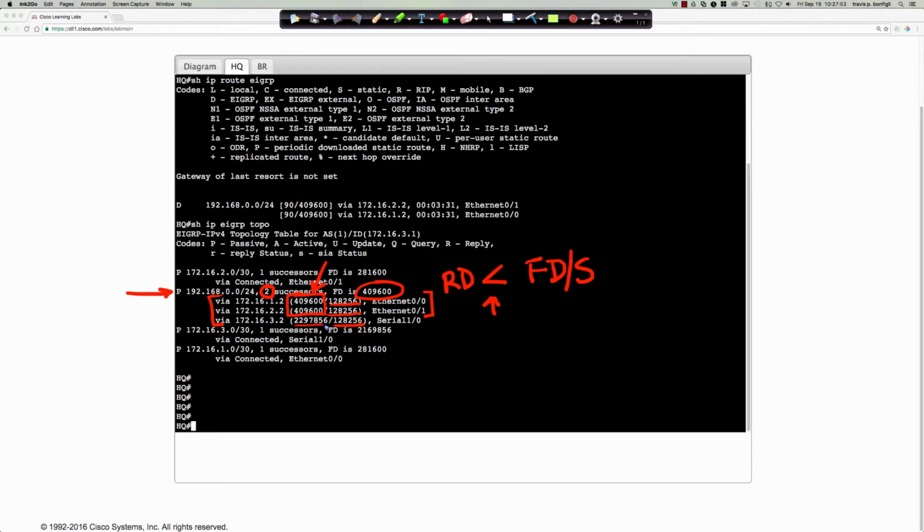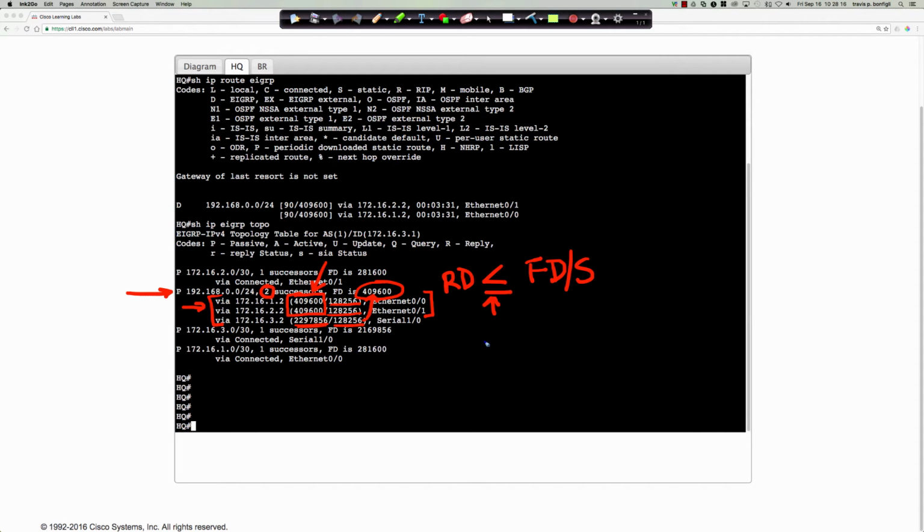But then we have this third one that we're not doing equal cost multipathing over, but this one right here qualifies as a feasible successor because their reported distance is less than the feasible distance of the current successor. And it must be less than.